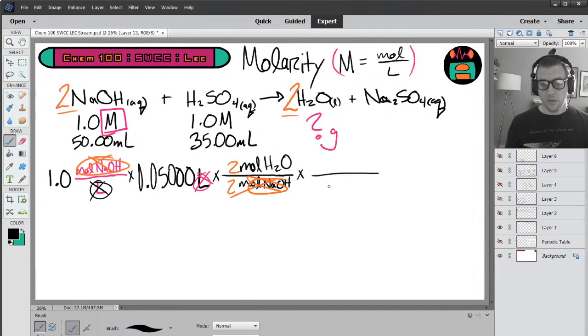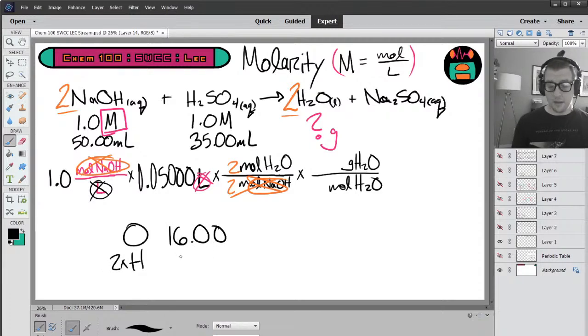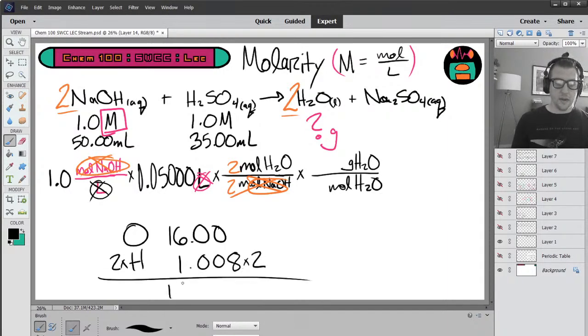Finally, we need to convert from moles of water to grams of water. Water has an atomic, well, oxygen has an atomic mass of 16, hydrogen 1.008, but we got 2 of them. So this will come out to be 18.016 AMU.